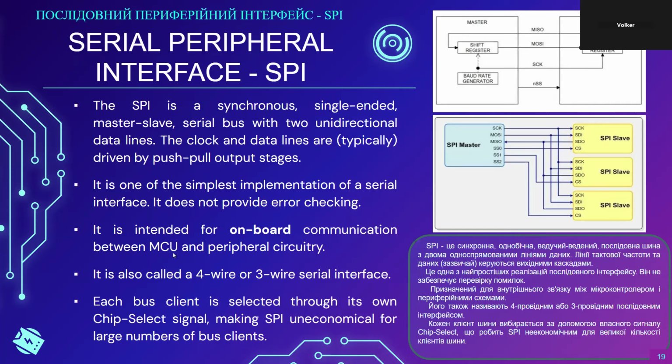The signal lines are very characteristic: MISO, MOSI, SCK. That is master in, slave out, master out, slave in, and serial clock. Those are the typical names for an SPI.